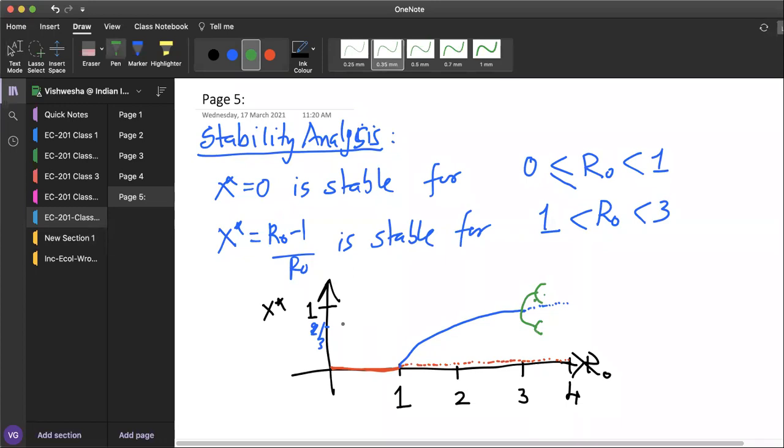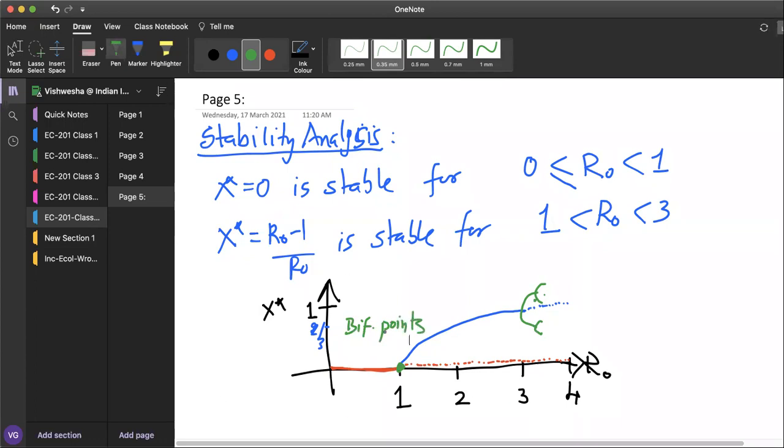Okay. So now let me just say a few things again. These points where the nature of stability changes are called bifurcation points.